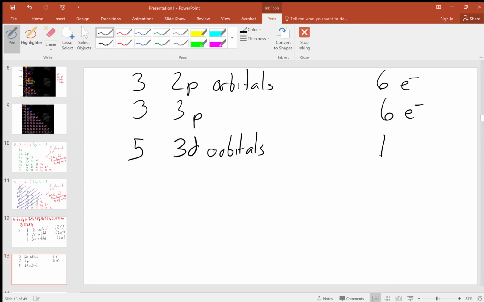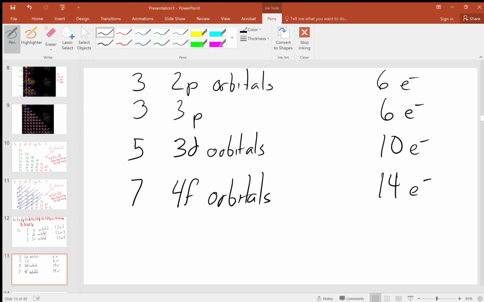So a set of d orbitals at an individual energy level can hold 10 electrons. And for any of the sets of f orbitals, there's 7 of them, which can hold 14 electrons.